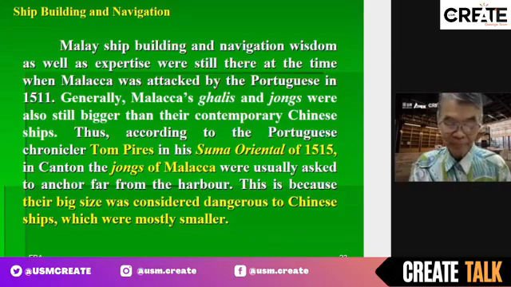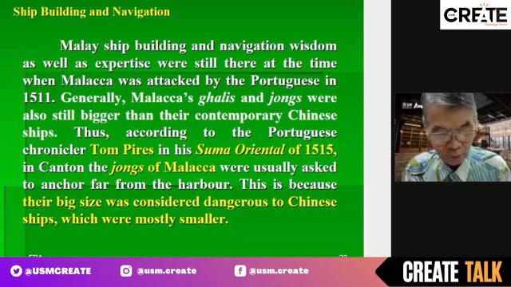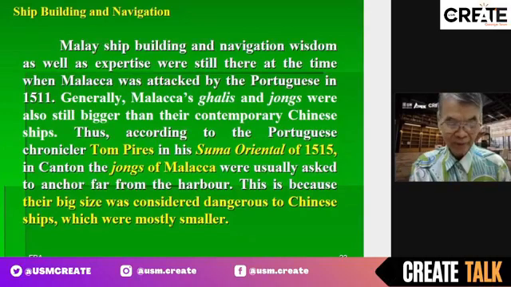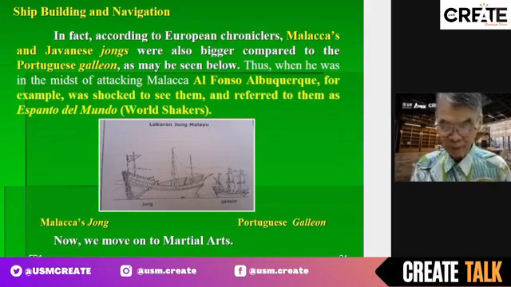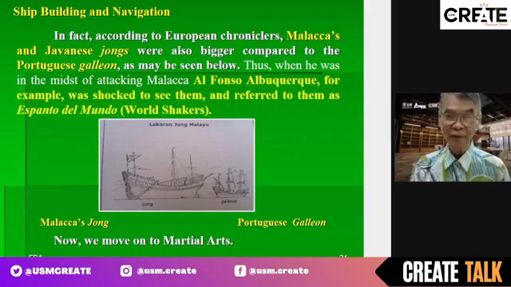Now, in fact, according to European chroniclers, Malaccan and Javanese jongs were also bigger compared to the Portuguese galleons when the Portuguese came, as may be seen below. Thus, when Afonso de Albuquerque was attacking Malacca, for example, he was shocked to see, first he heard, then he saw, especially when he saw the jongs from Java.